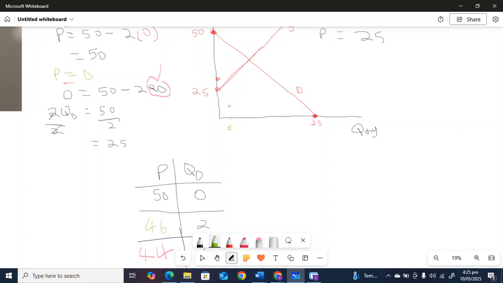Price is 46. When QD is 3, price is equal to 44.